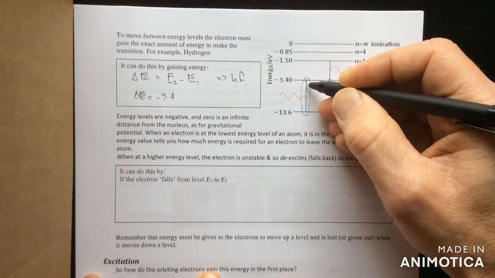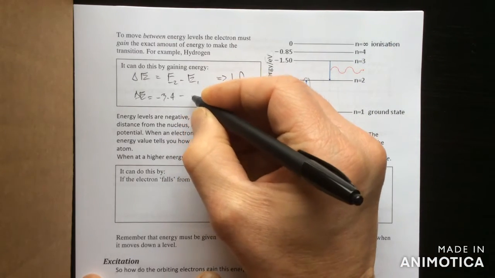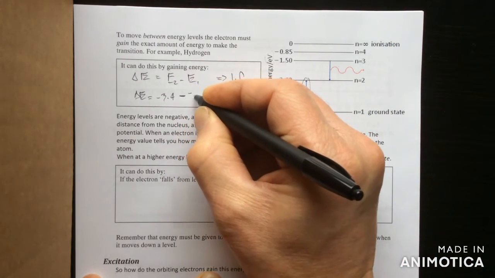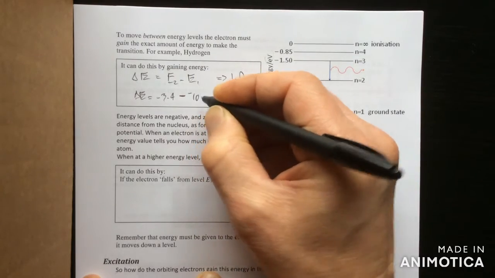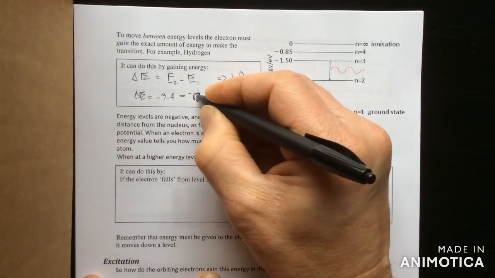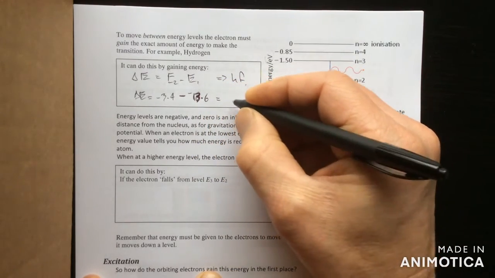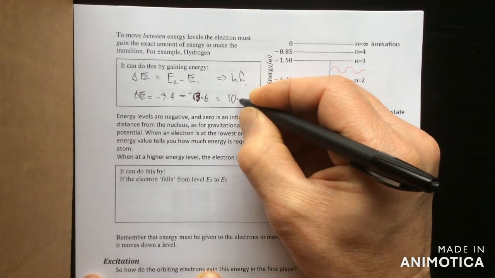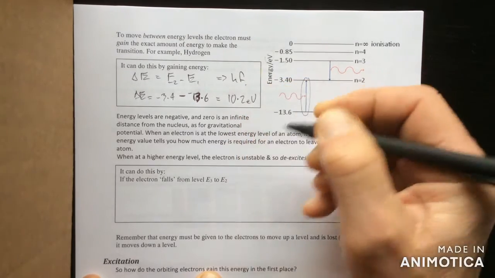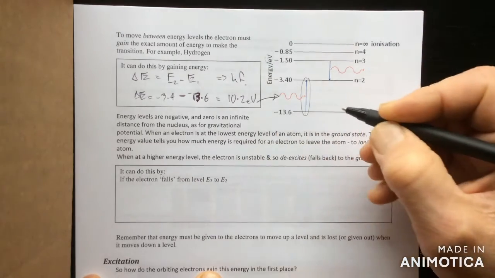In this case, notice the arrow going up, so this is excitation. Subtract minus 13.6. I'm already well ahead of you in the maths there. So that needs 10.2 electron volts of energy given in for that to happen.